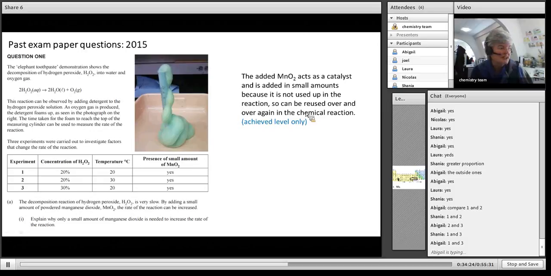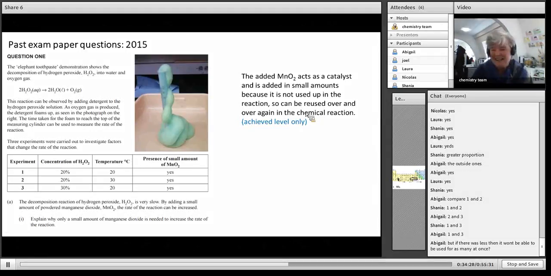So don't just say, oh, because manganese dioxide is a catalyst. That actually won't get you anything. That's sort of a level 1 question. You're now level 2. So you must be able to recognize manganese dioxide as a catalyst and what a catalyst is, and what effect it has.